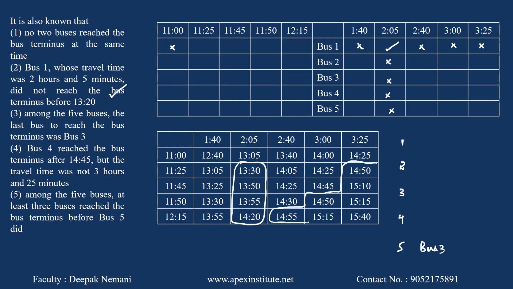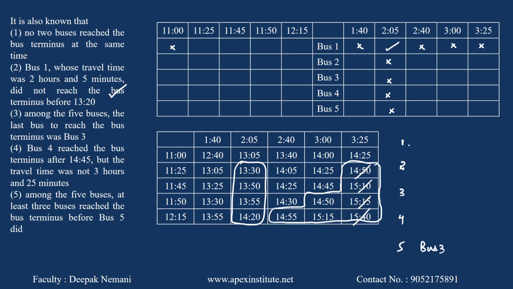So you can have any of these. So you can have bus 4 reaching at 14:50 or 14:55, 15:10, 15:15 and 15:40. Perfect. But the travel time was not 3 hours and 25 minutes. So bus 4's travel time is not 3 hours 25 minutes. So it cannot be these 4.